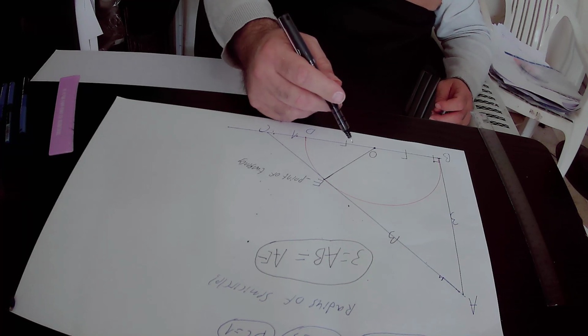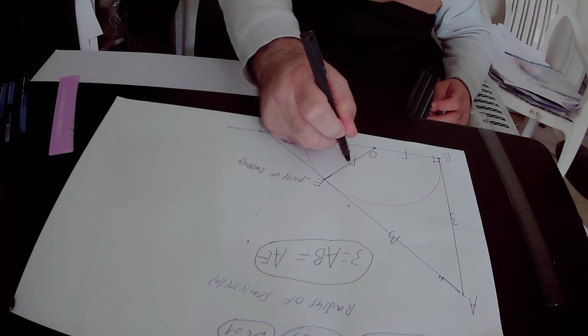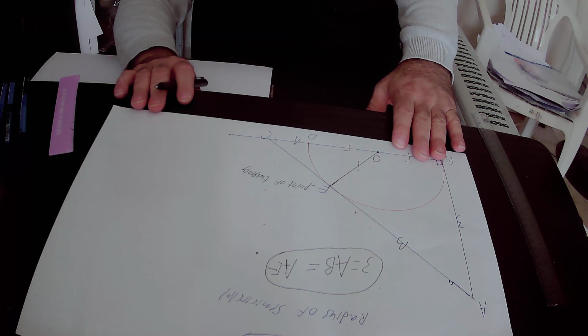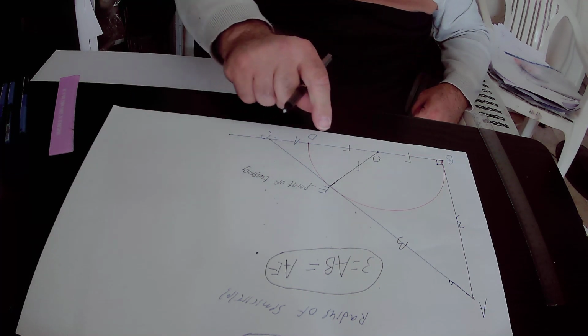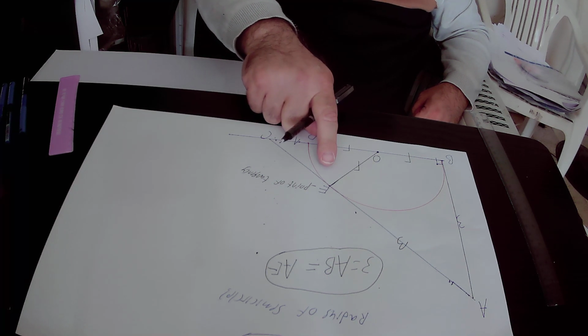Therefore, OE is the radius of this semicircle, that is to say it equals R. So here we have the radius OE drawn to the point of tangency. That is to say, it is drawn to point E, that is the point of tangency.